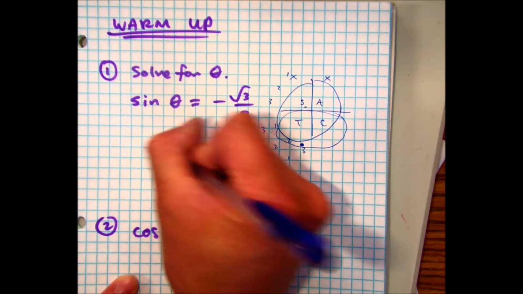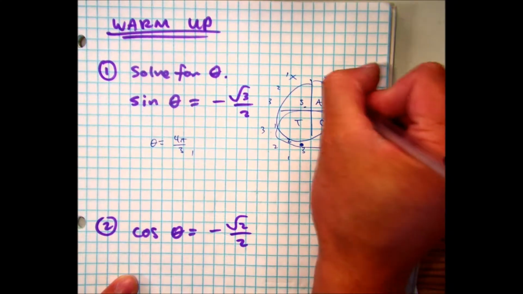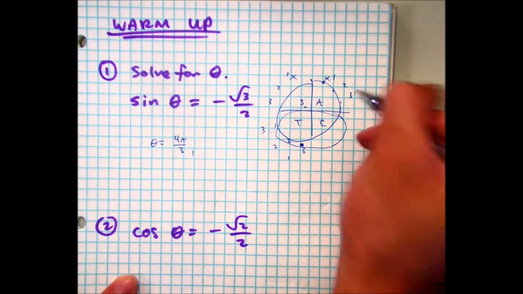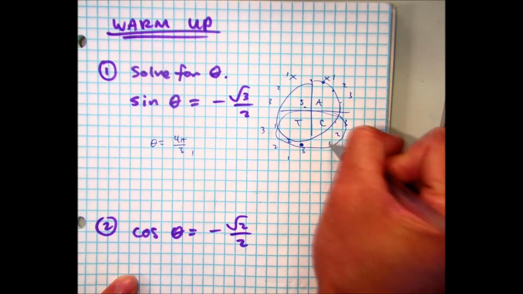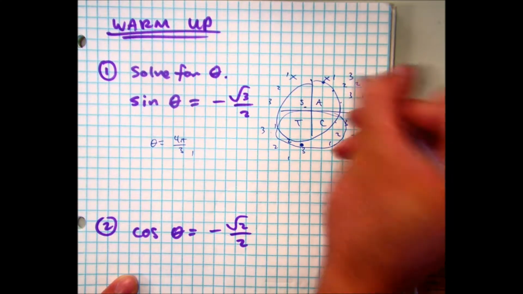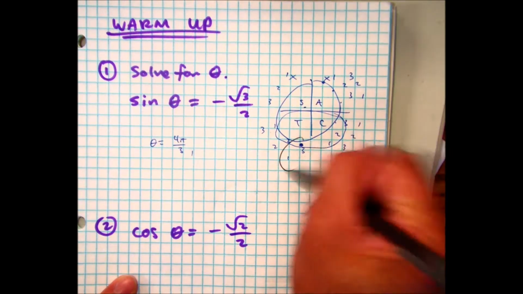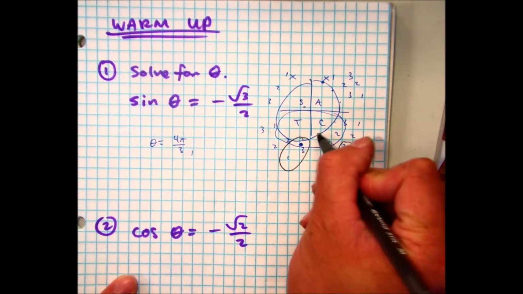So theta is equal to 4 pi over 3. Where is sine negative in quadrant 4? So here and here. Yes?